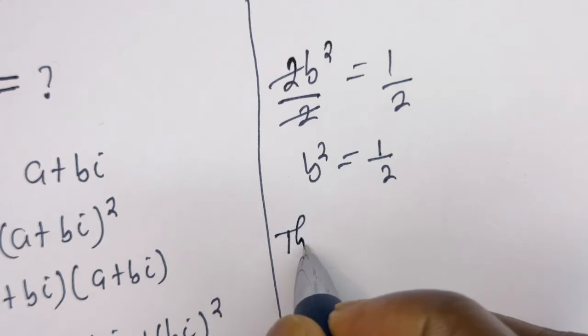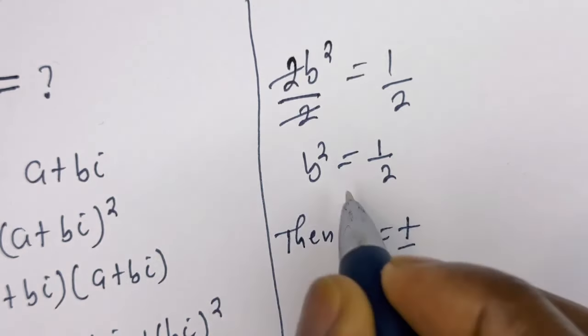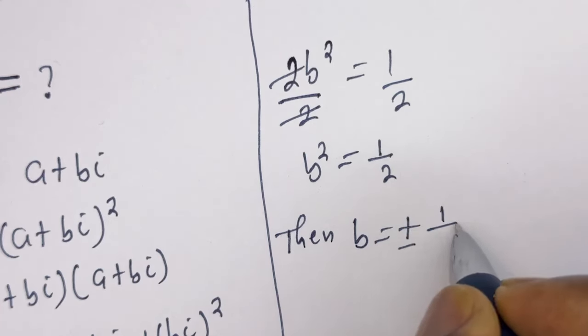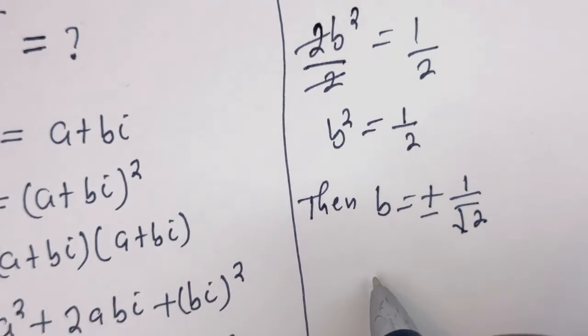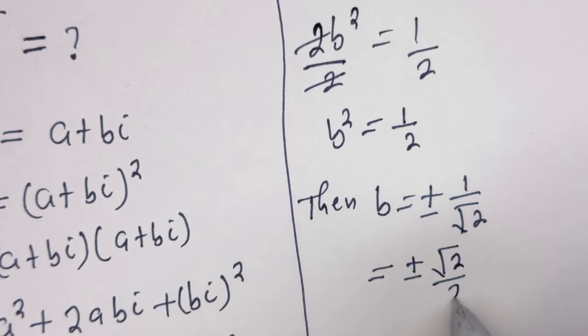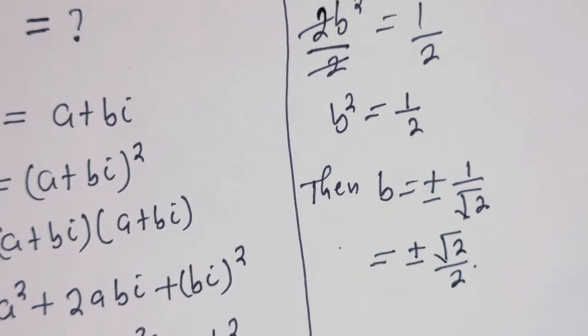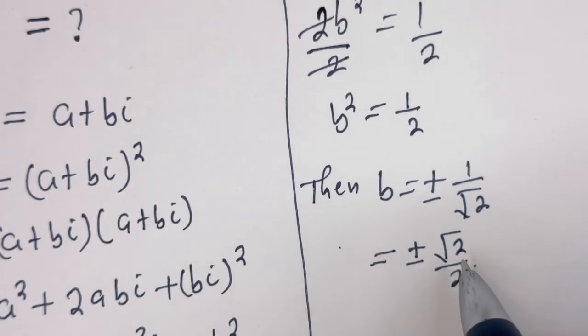Then b is equal to plus or minus 1 divided by root 2. Then this is equal to plus or minus root 2 divided by 2. We've got the value of b, which is equal to plus or minus root 2 divided by 2.